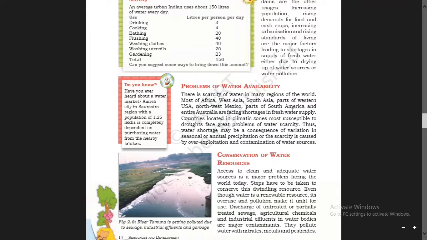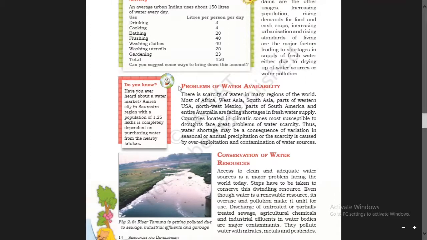Increasing urbanization means making towns or cities. These are the two reasons.